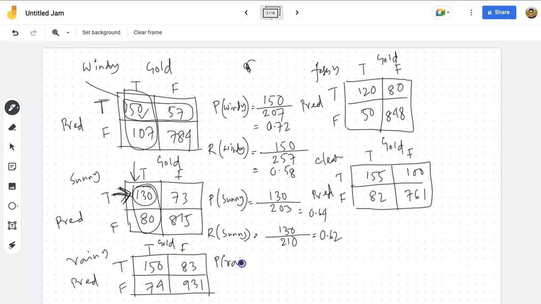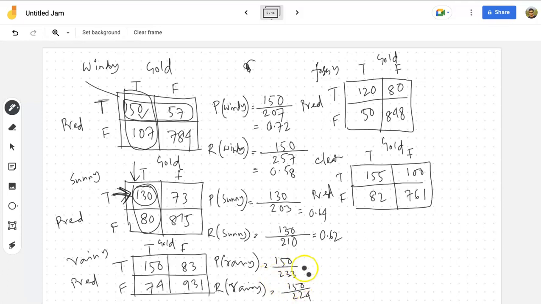So it will be rainy. For precision for rainy, what will be the values? It will be 150 over 233, and for recall of rainy, 150 in the numerator and 224 in the denominator. I hope you understand how this 233 and 224 come.